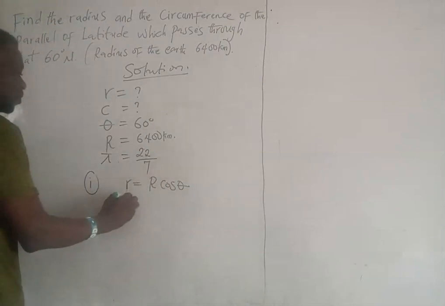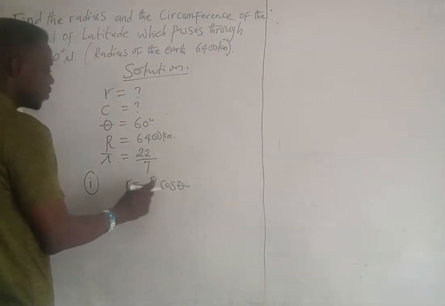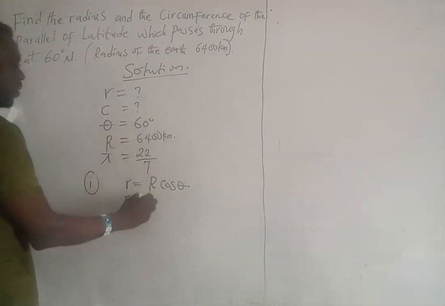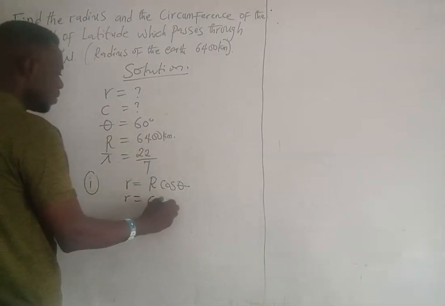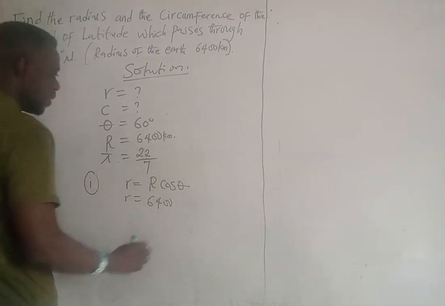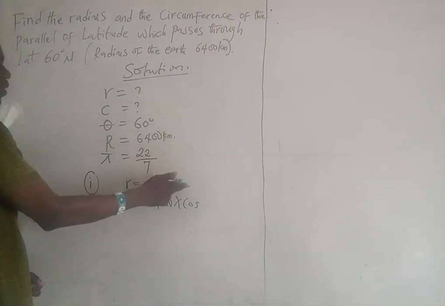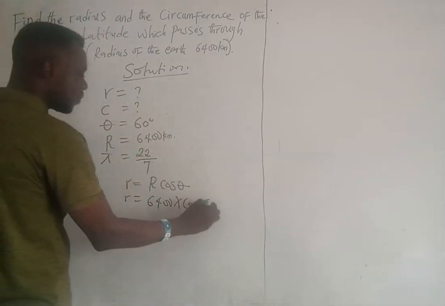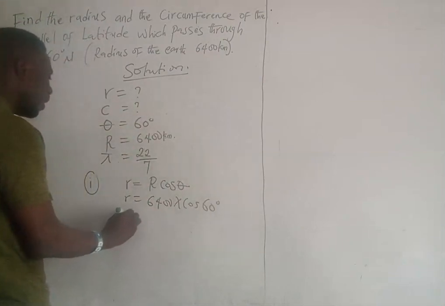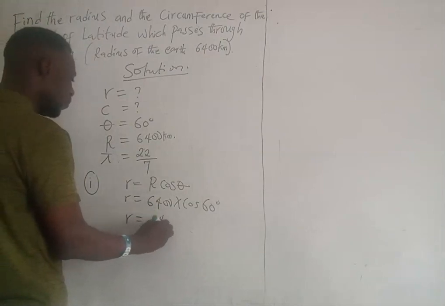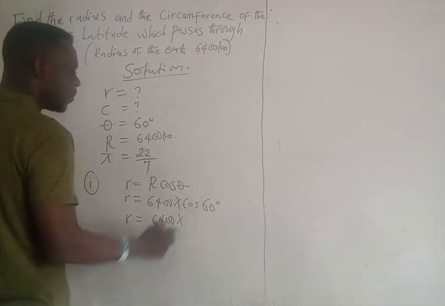Now we have the radius, which is unknown. Our r is equal to the value of the big R, which is given to be 6,400, multiplied by cos 60 degrees.